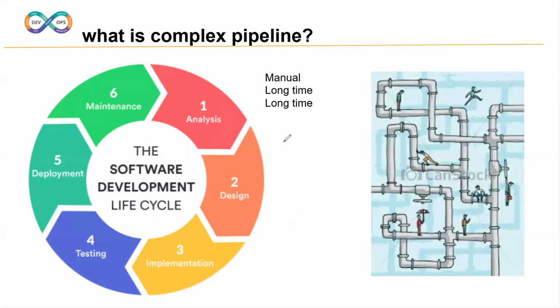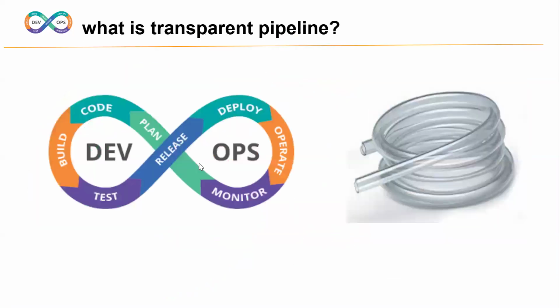If it takes a long time, definitely cost will increase, quality will decrease, and the customer is not satisfied. That is the reason we replace it with our DevOps transparent pipeline. In this DevOps transparent pipeline, everything is automated, everything is transparent.